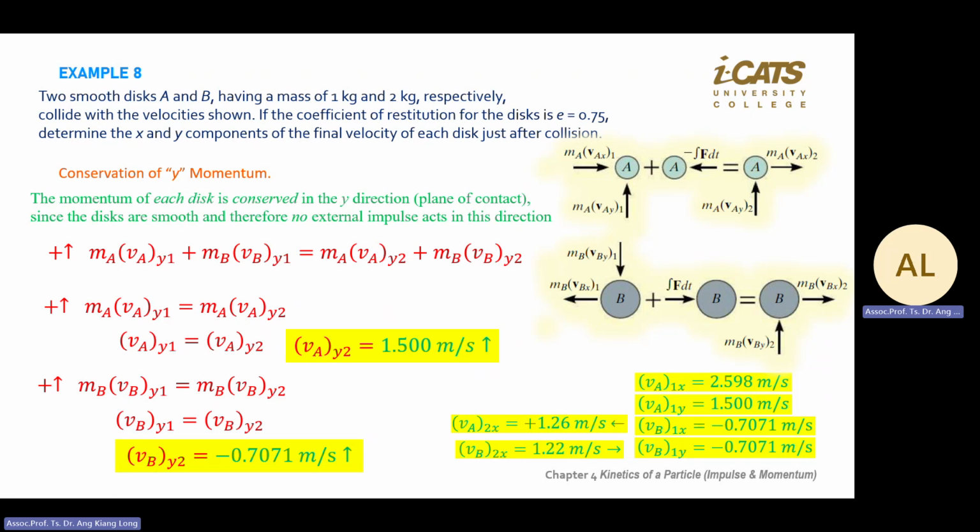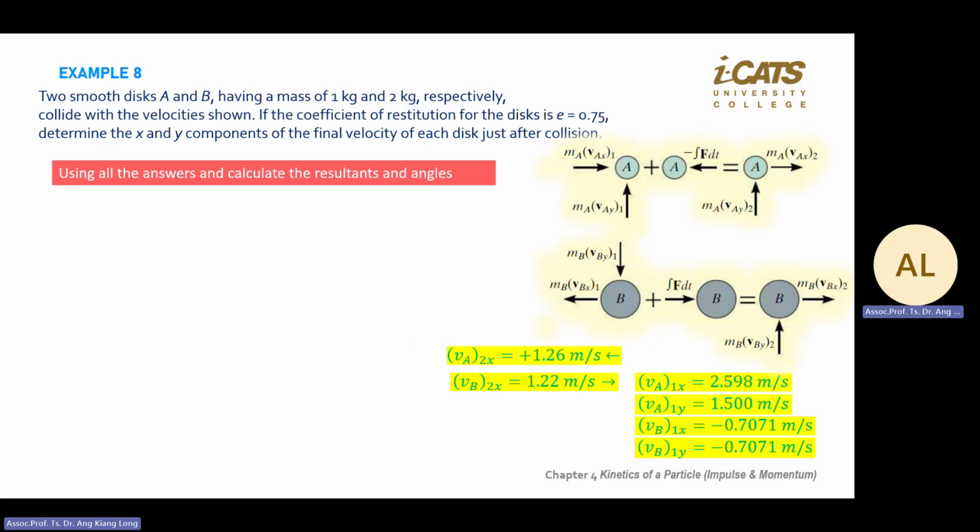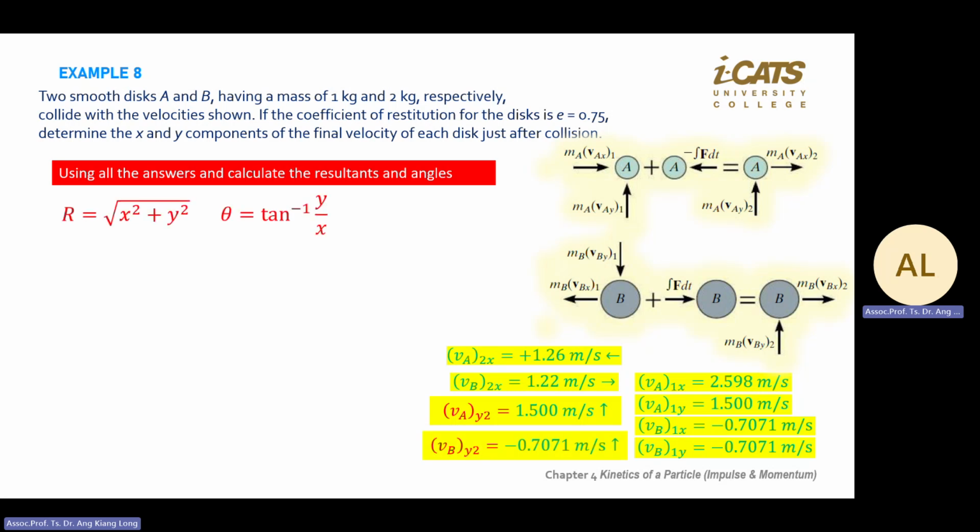You can read from my slides. This is all mathematics. Once you have all the components of the vector v, sometimes the question asks you to find the resultant. Basically, you redraw the vector diagram and then find the resultant, using resultant equals the square root of x squared plus y squared.